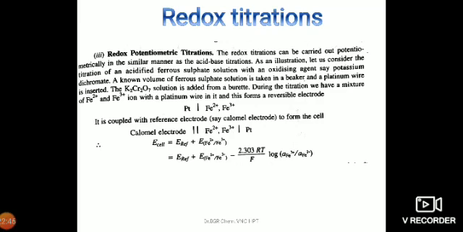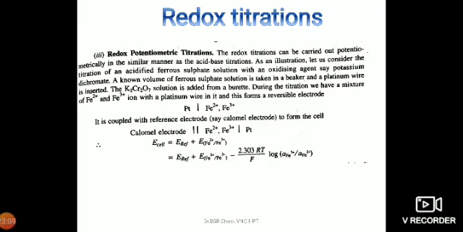During the titration, we have a mixture of Fe2+ and Fe3+ ions with a platinum wire in it, and this forms a reversible electrode. So we can represent that Fe2+, Fe3+ redox electrode as Pt | Fe2+, Fe3+, and it is coupled with a reference electrode, say calomel electrode, to form the cell.